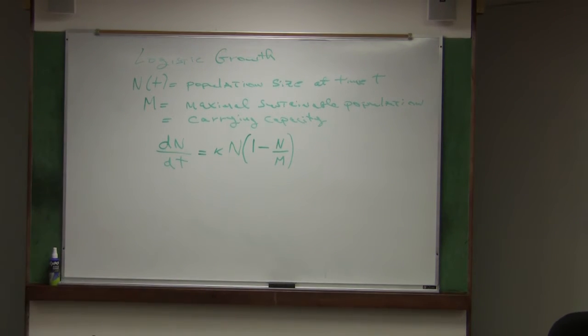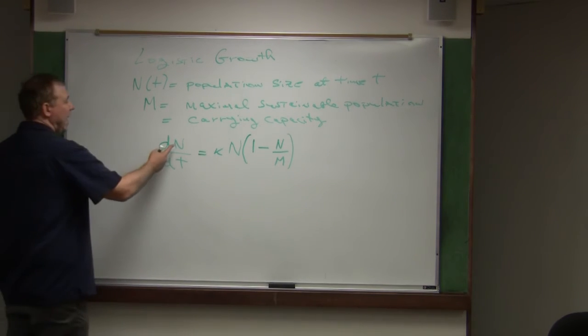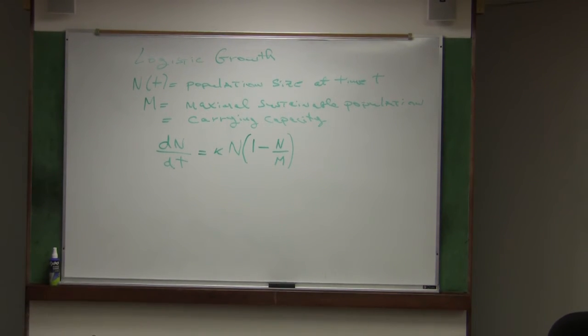So that's the classic differential equation for logistic growth, and we want to solve for N. We want to figure out what N is based on this. What we're going to do is, it's separable, so we're going to separate and integrate, and it's going to be a partial fraction.